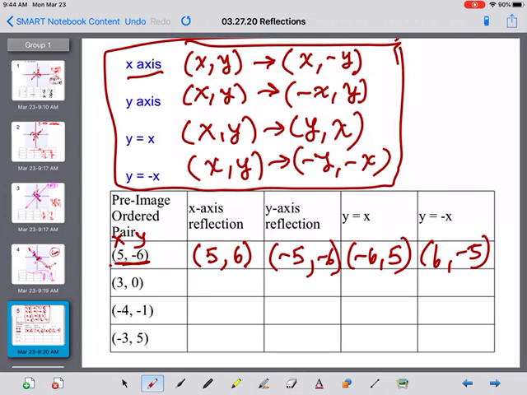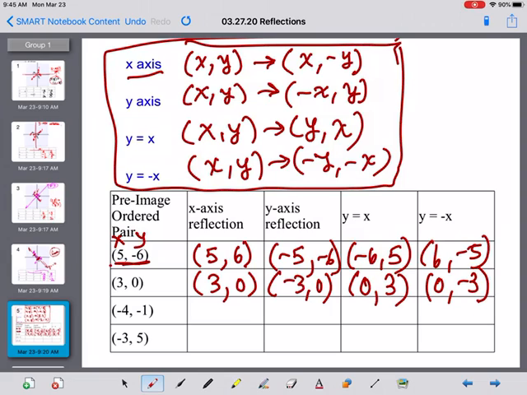So (3, 0) becomes (3, negative 0), which is (3, 0). And then for the y-axis, reflection becomes (negative 3, 0). y equals x becomes (0, 3). And then y equals negative x is (0, negative 3).